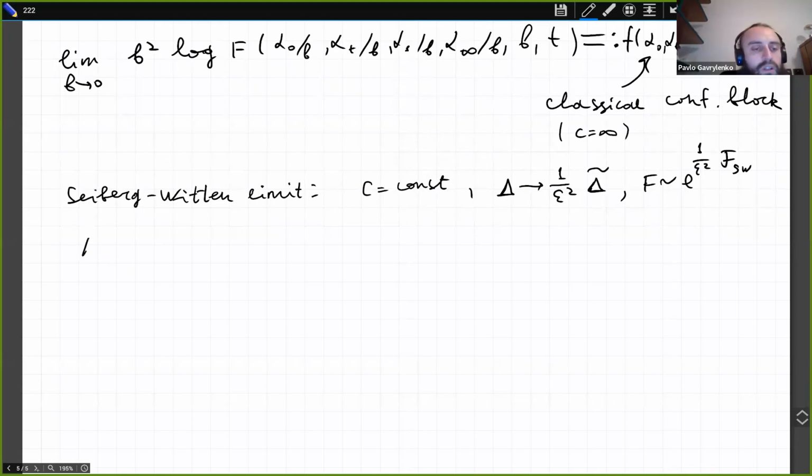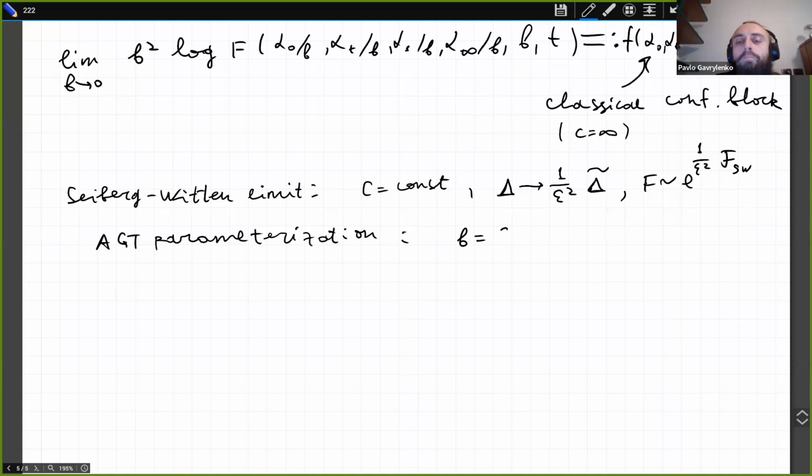And with this kind of AGT parameterization, b equals epsilon 1 over epsilon 2, and so Q equals 1 plus 6 (epsilon 1 plus epsilon 2) over epsilon 1 epsilon 2.